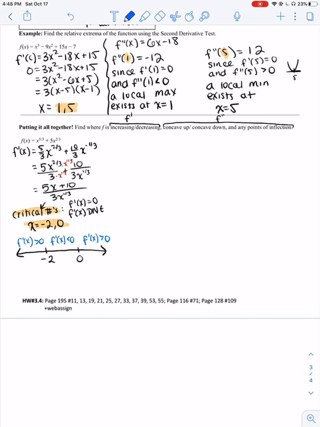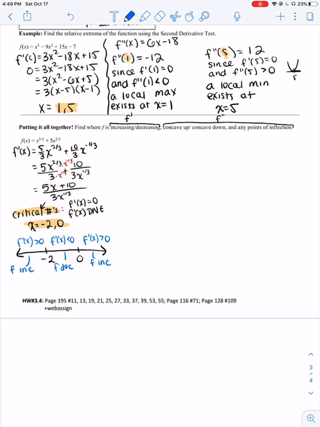And so what does this tell us about our function f? Well, when the first derivative is positive, that means that f is increasing. Here, f is decreasing because the first derivative is negative, and here f is increasing.